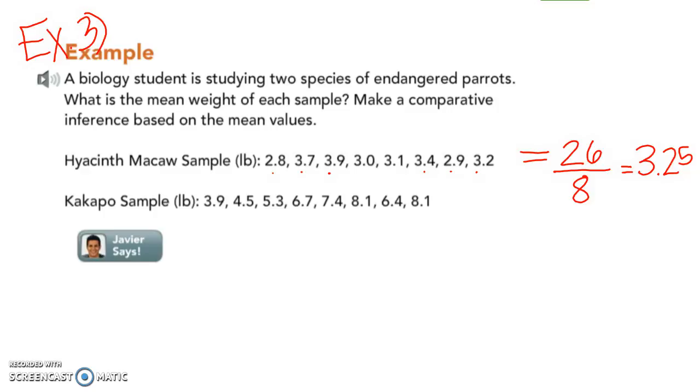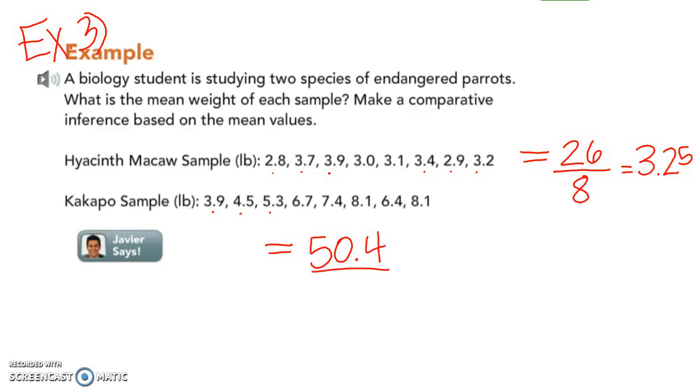Now let me find the mean of the cockapoo. 3.9 plus 4.3. Sorry, 4. Plus 5.3 plus 6.7 plus 7.4 plus 8.1 plus 6.4 plus 8.1. So I got 50.4. Much bigger, I'm noticing.